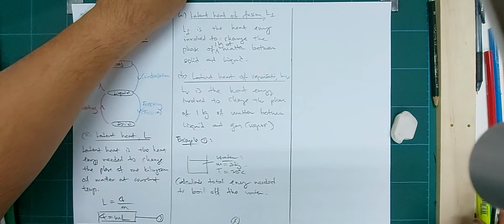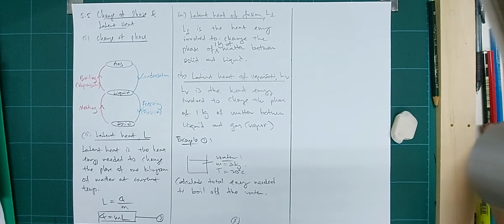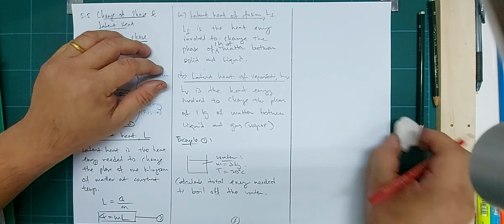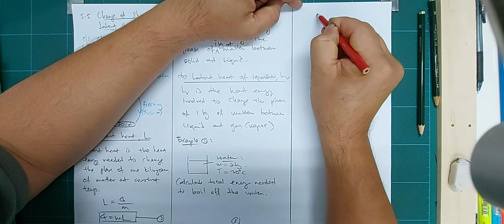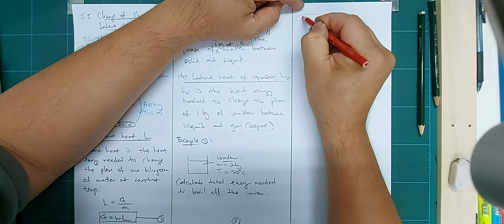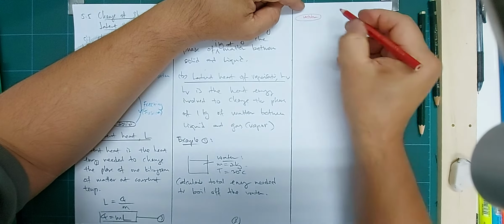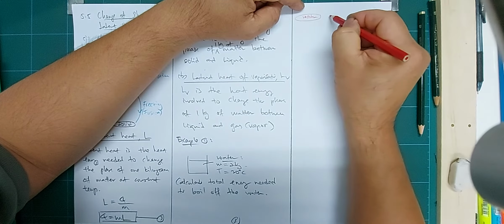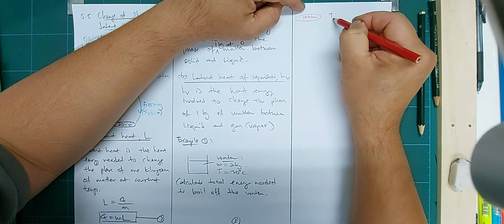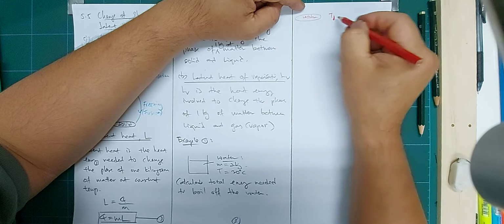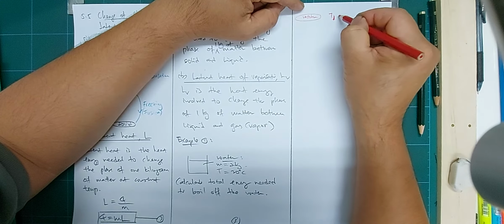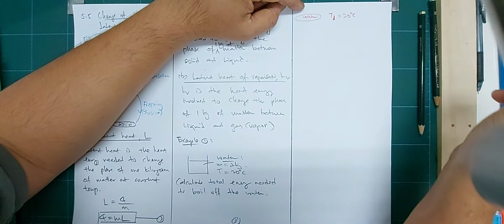Okay, so the first thing we do in answering this question is we draw. So this is water, liquid form. This one is at temperature, let's say, T1, which is 30 degrees Celsius.